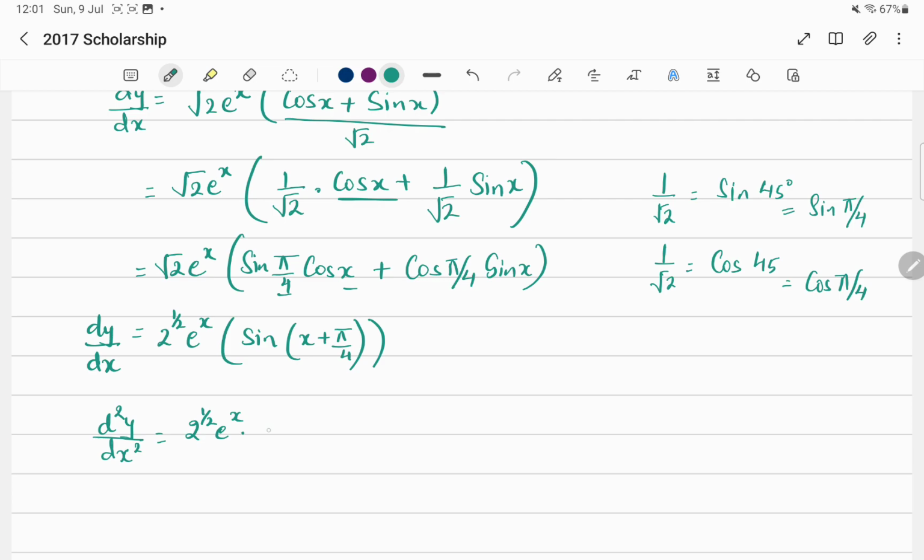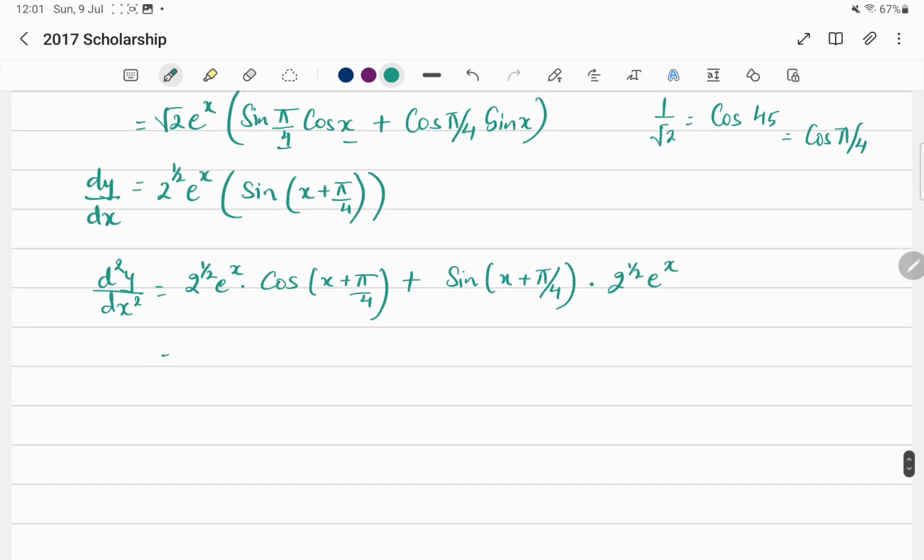First times differentiation of second gives us cos of x plus pi over 4, plus second times differentiation of first, which is sine of x plus pi over 4, multiplied by 2 to the power half e to the power of x. Again, it's very similar to what we did in step 1. Taking 2 to the power of half e to the power of x common, we have cos of x plus pi over 4 plus sine of x plus pi over 4.